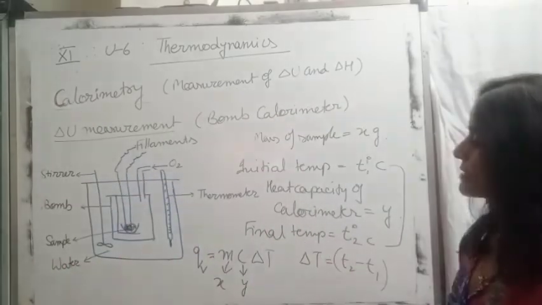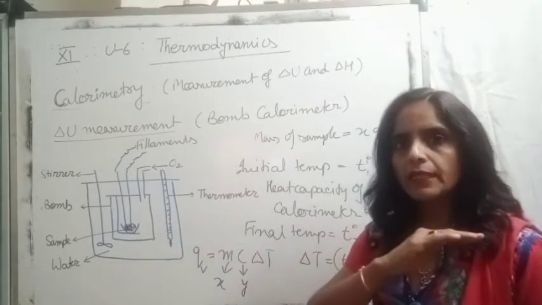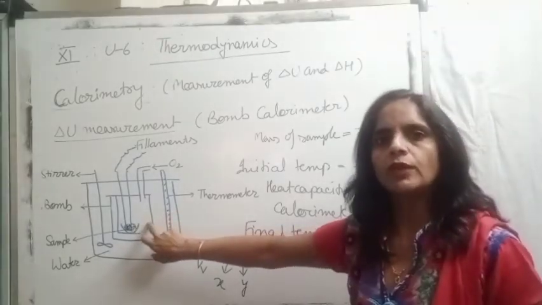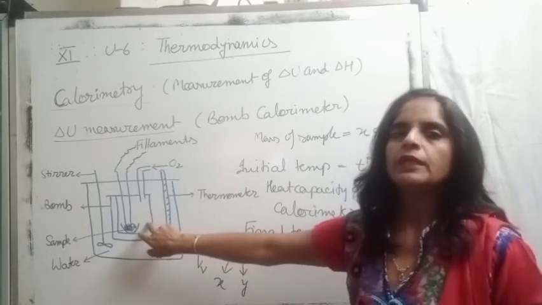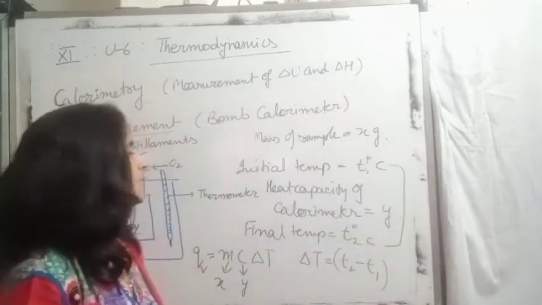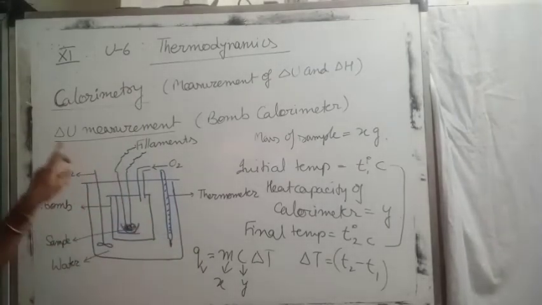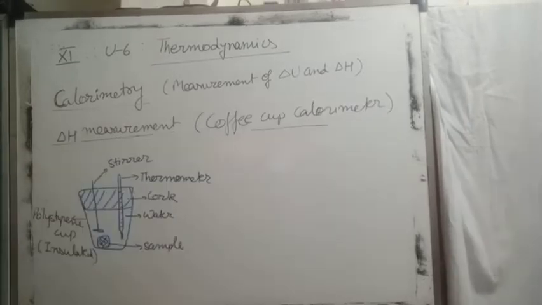Why am I saying this is Qv? Because the calorimeter is a completely sealed apparatus, so during the process its volume remains constant, and if there is no change in volume, the heat produced during the process is termed heat at constant volume, or we may call it the change of internal energy of the substance.